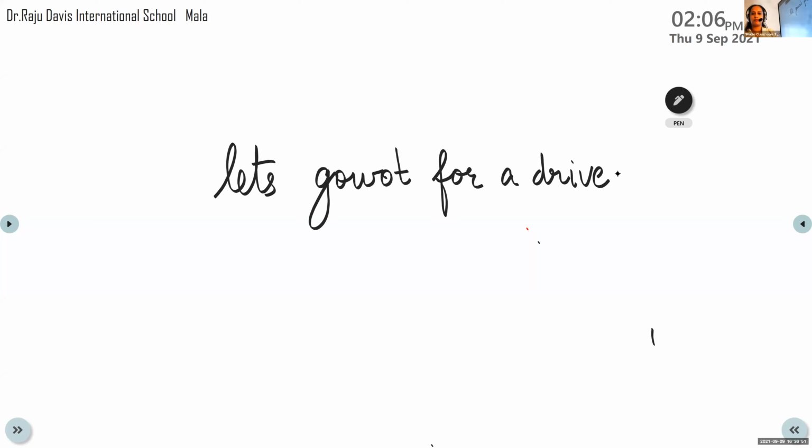Louder. Let's go for a drive. Read the entire word. After "go" and before "for," you cannot see anything in between. Only T. Go out. What about this? Go out for a drive.